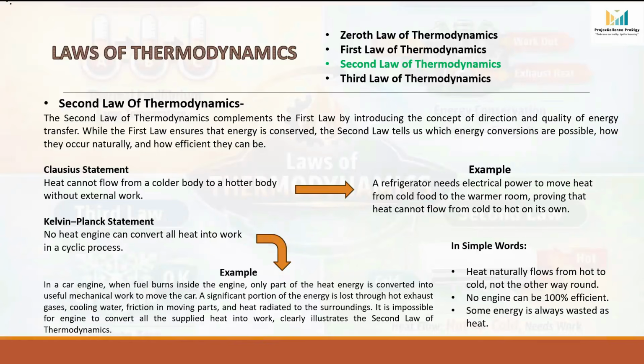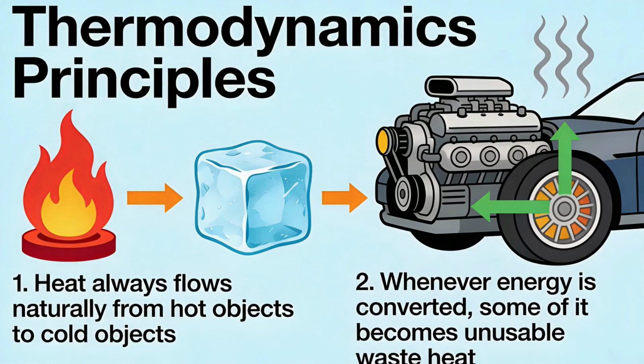It tells us how energy naturally moves and why an energy system can never be perfectly efficient. In simple terms, the second law explains two key ideas. One is heat always flows naturally from hot objects to cold objects. And second, whenever energy is converted, some of it becomes unusable waste heat.